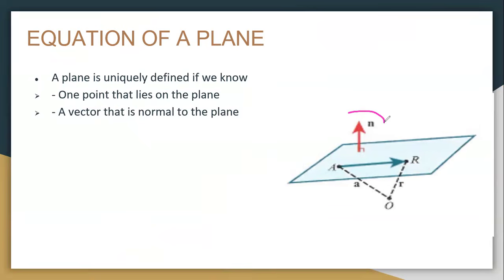We say that we must have a normal to the plane, and we must have a vector onto the plane. And we say that once a perpendicular, this normal meets with any vector on the plane, then the dot product will equal 0. So we say that n dot r will always equal 0 because they are perpendicular.